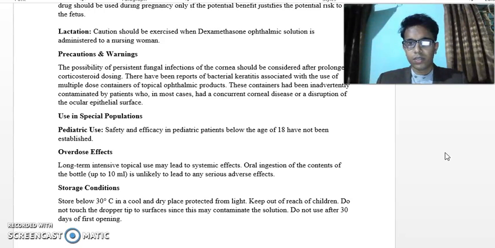These containers had been inadvertently contaminated by patients who, in most cases, had a concurrent corneal disease or a disruption of the ocular epithelial surface.